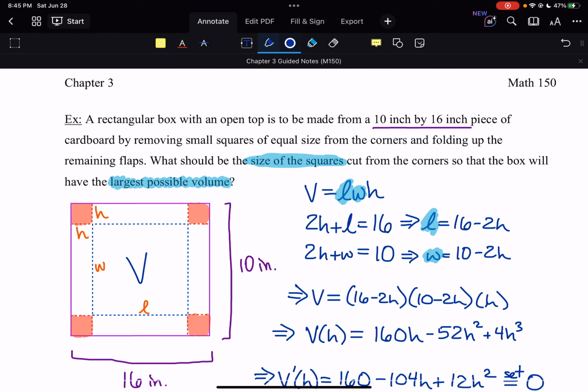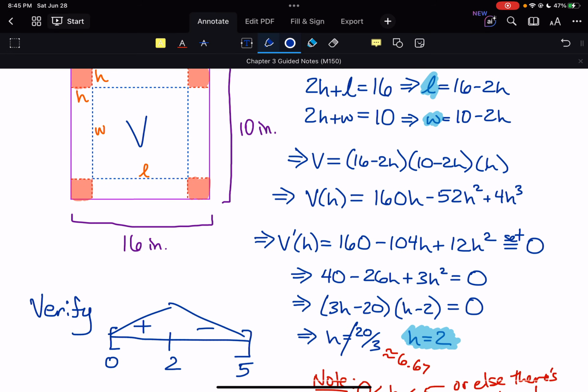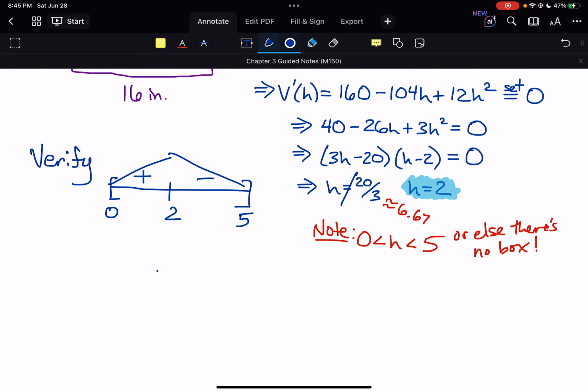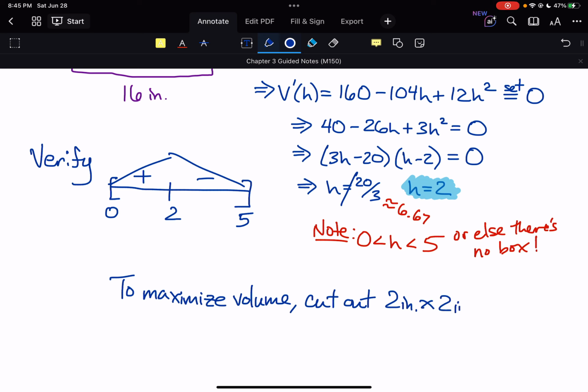What did the question want? The size of the squares, right? That's all it asked for. So we can go ahead and conclude to maximize volume, cut out 2-inch by 2-inch squares.